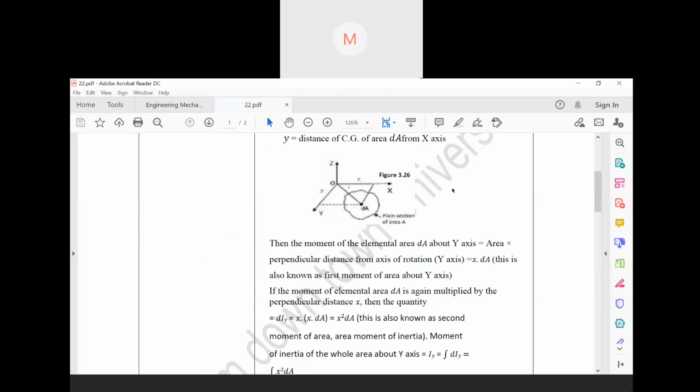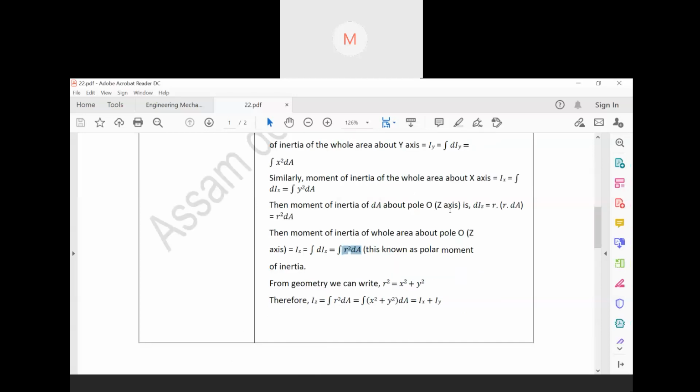Because here the distance from the z axis is r. This integration of r square dA is known as polar moment of inertia. Now, if you see the Pythagoras theorem from geometry, we can write r square equal to x square plus y square.